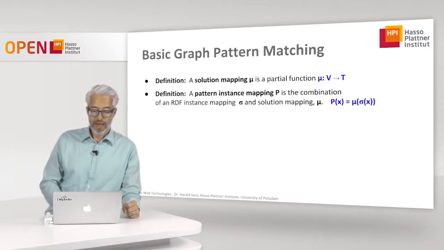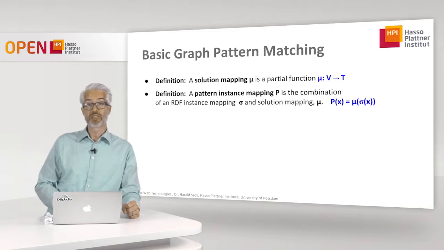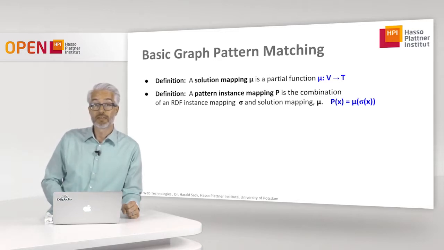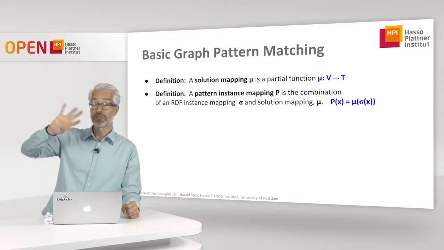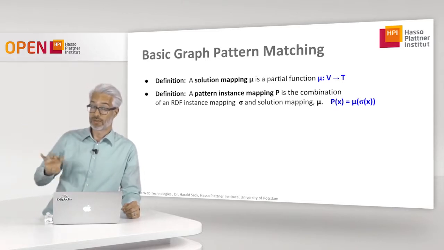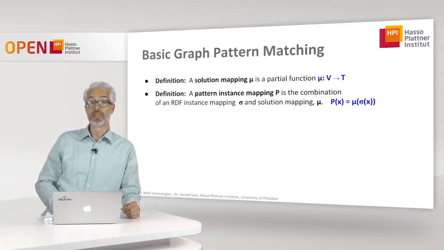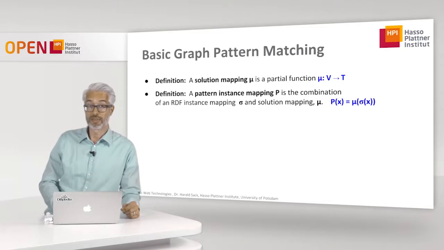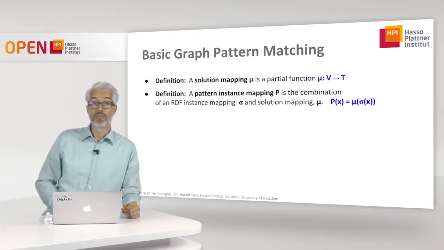Then we define a pattern instance matching P. This is the combination of an RDF instance mapping, which is usually a subgraph of our given graph. So it's a matching that we try to achieve, the matched subgraph we have here. It's called RDF instance mapping, further on referred to as sigma, and a solution mapping mu.